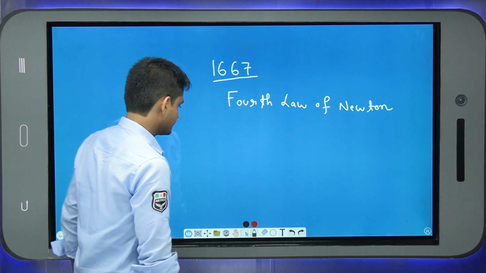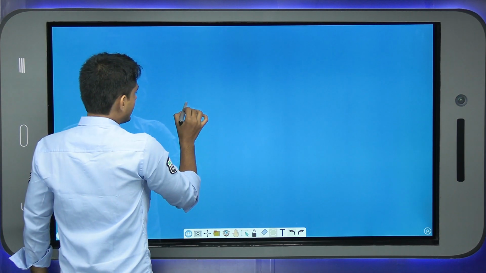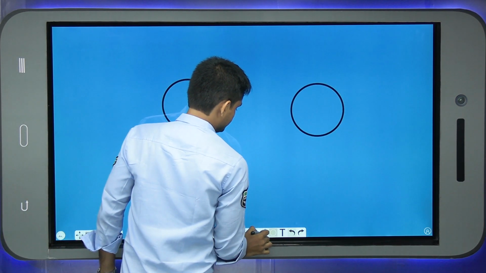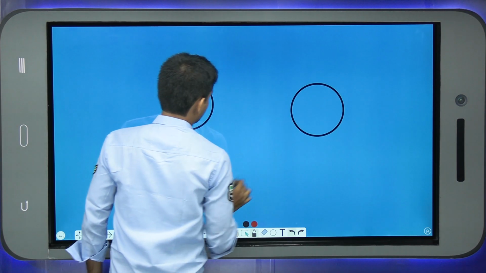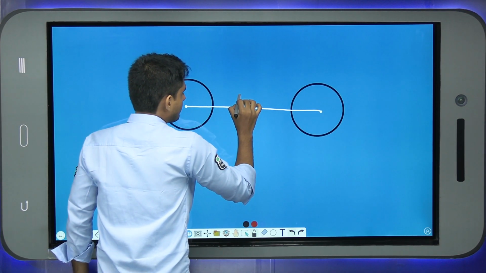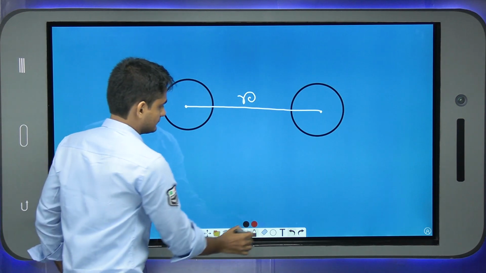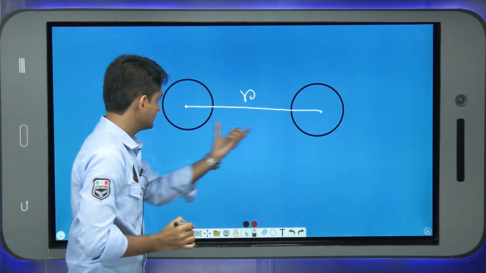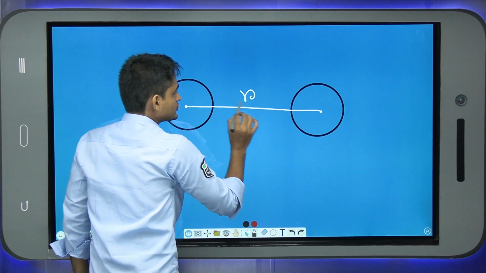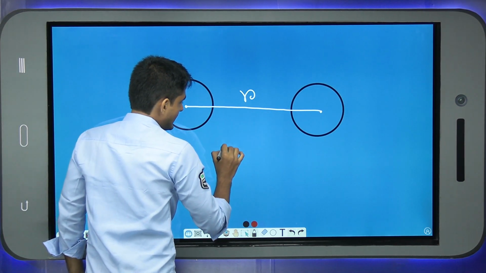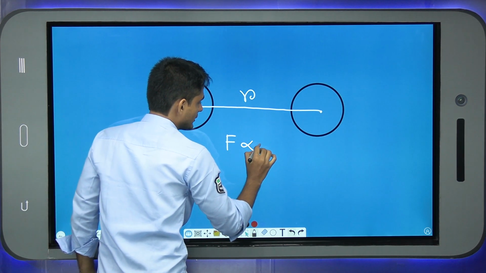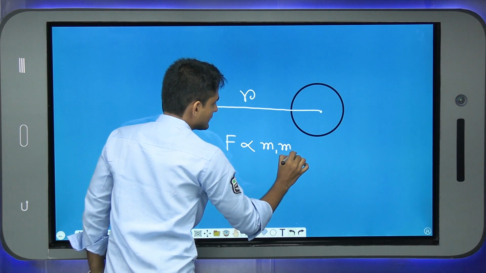What is this law? If two masses are separated by a distance r, then the force of attraction between them, F, is directly proportional to the product of their masses.